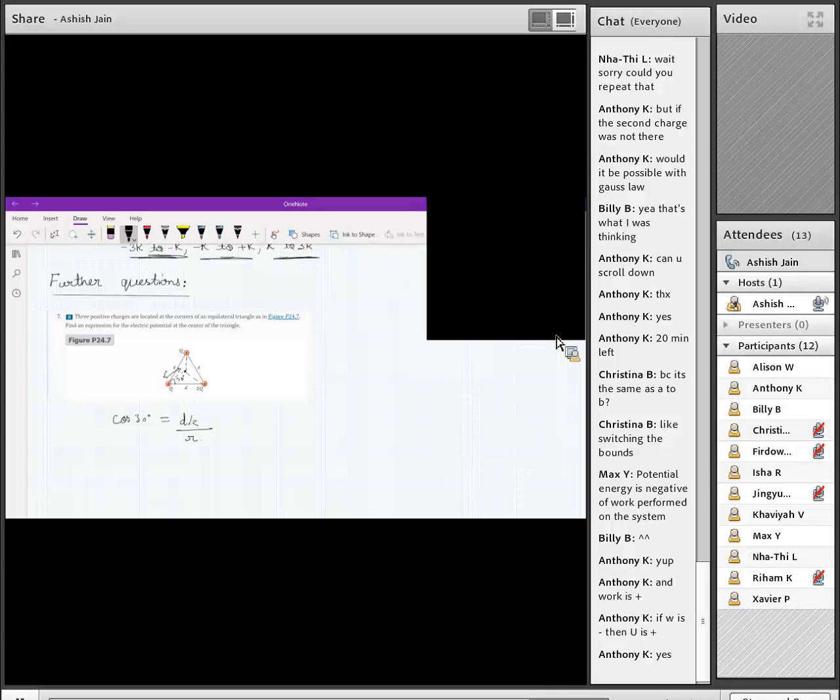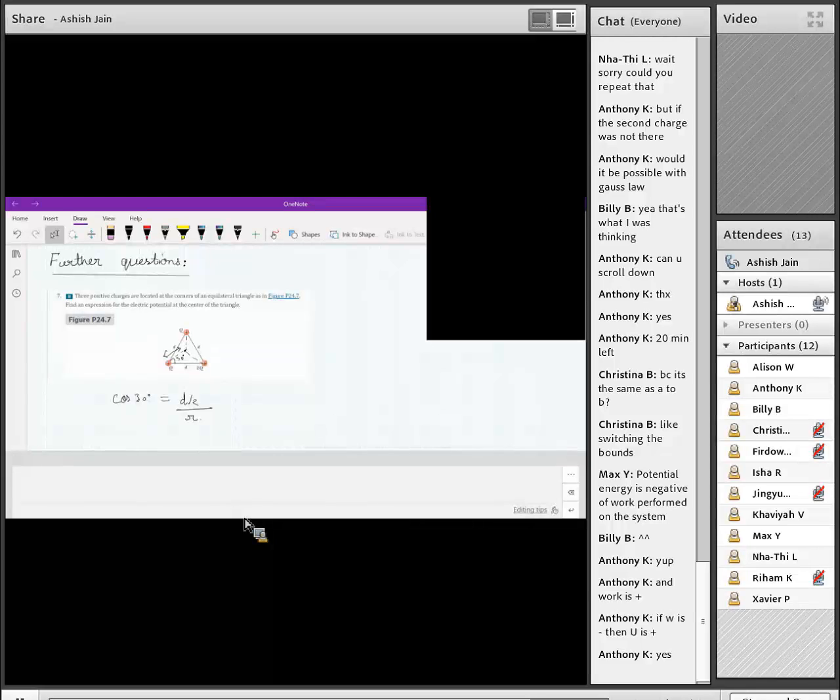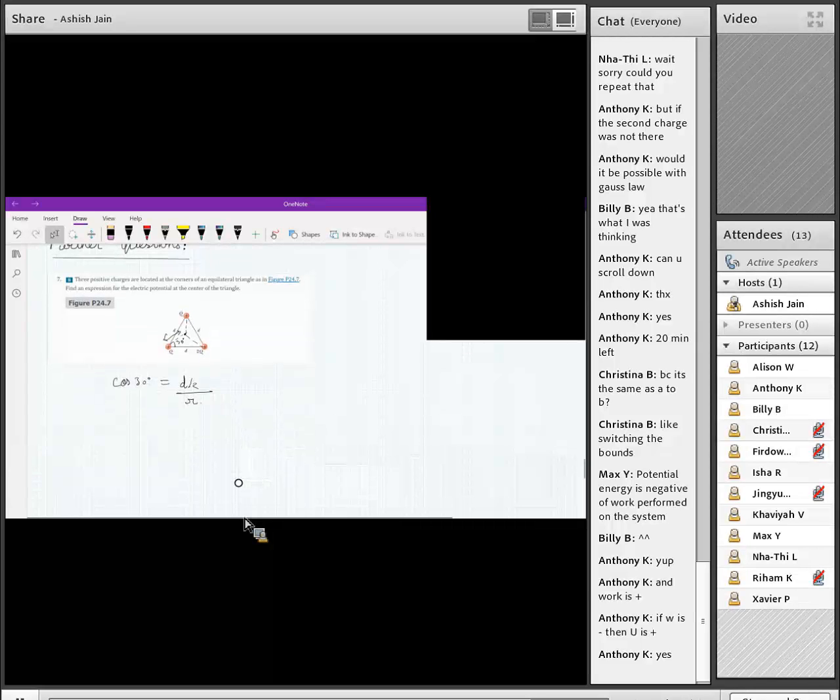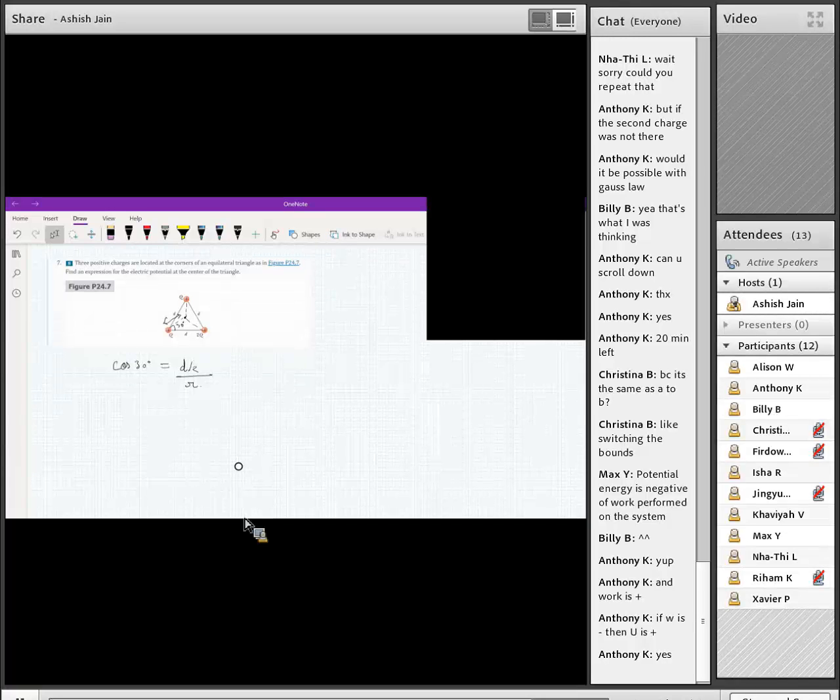Okay, the distance between point Q to this. Then I can find r as d by 2 by cos 30, or d by 2 cos 30 degrees.